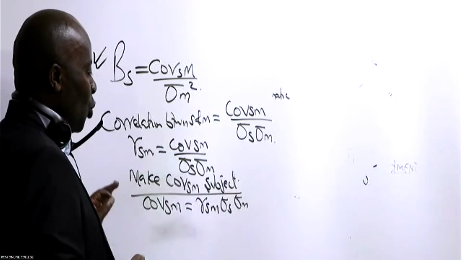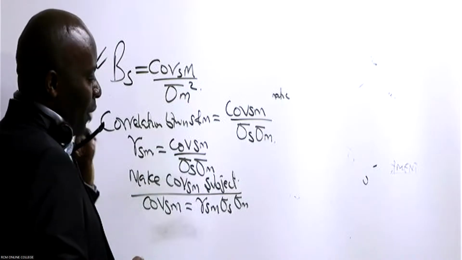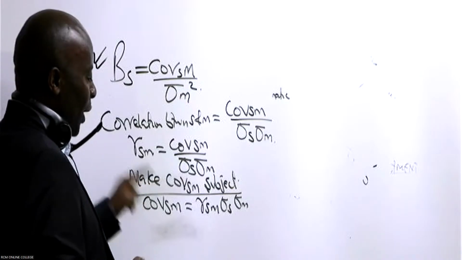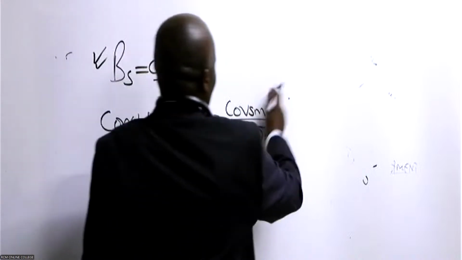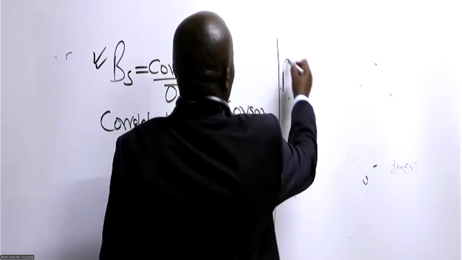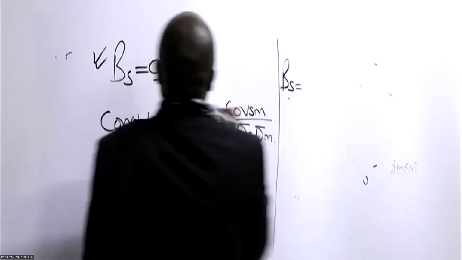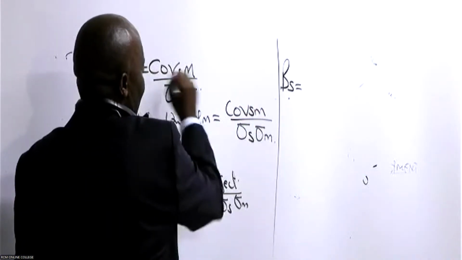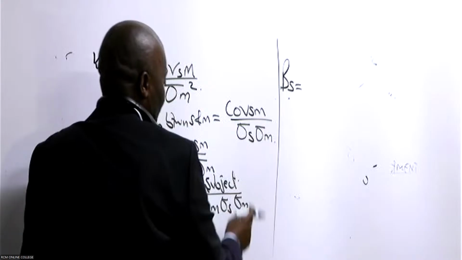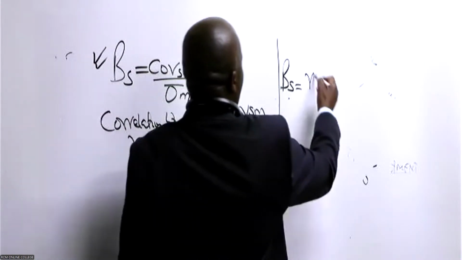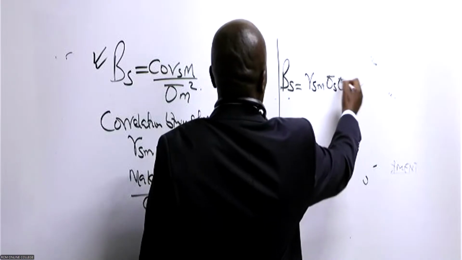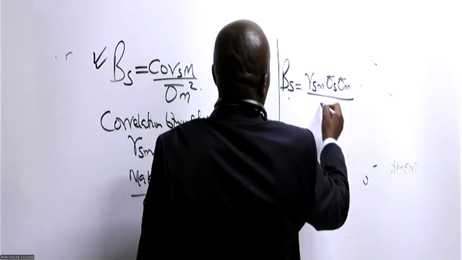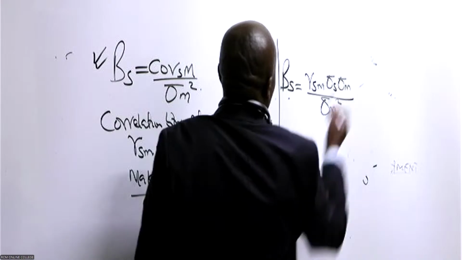Then I would want you to do me a favor. Come and give me beta in terms of correlation. So for this beta of S, instead of writing covariance, please write this: RSM, standard deviation S, standard deviation M over standard deviation M squared.